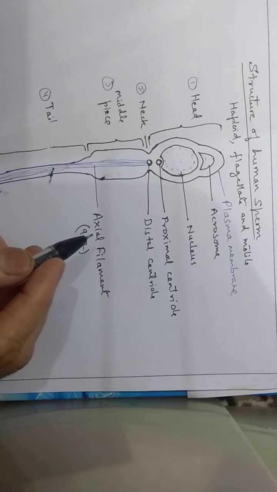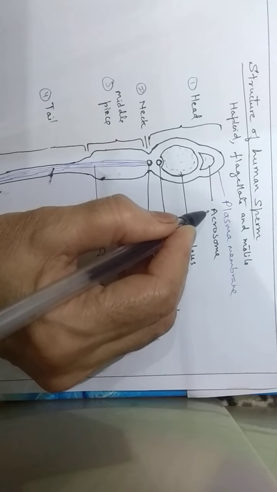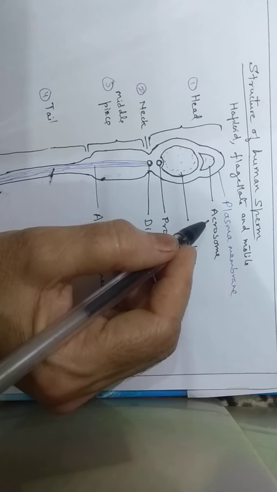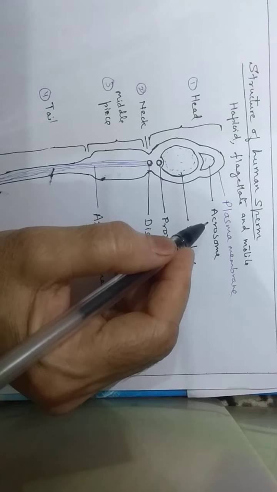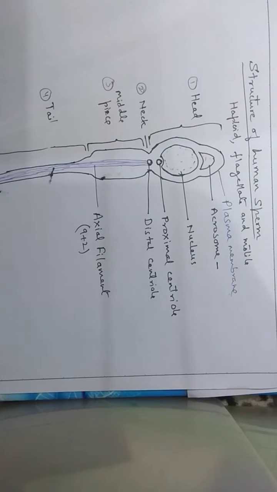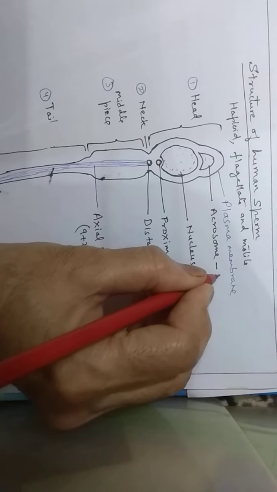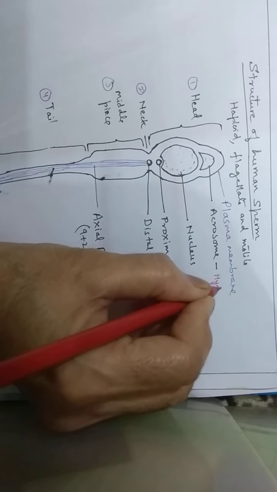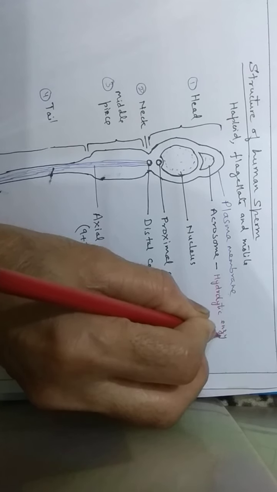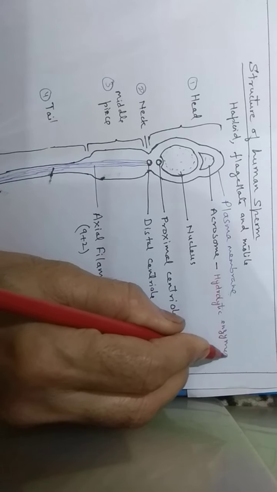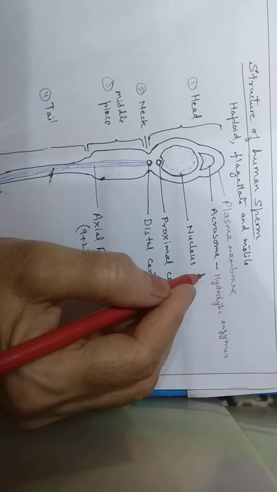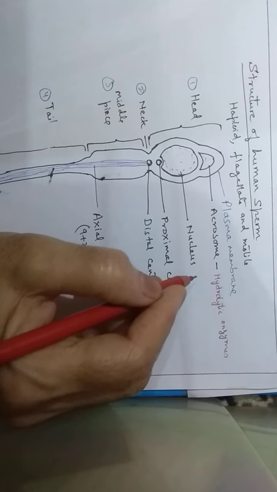All of these have some special function. The acrosome is very important because it contains hydrolytic enzymes. These hydrolytic enzymes are necessary for fertilization because they help in penetration.